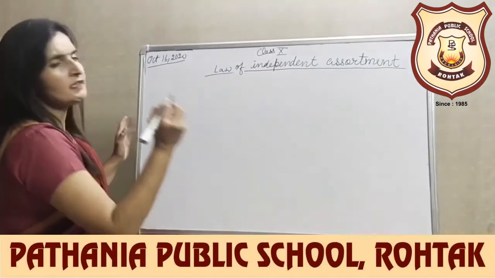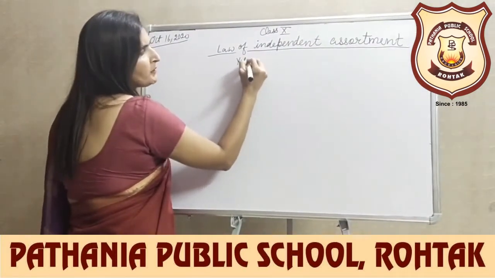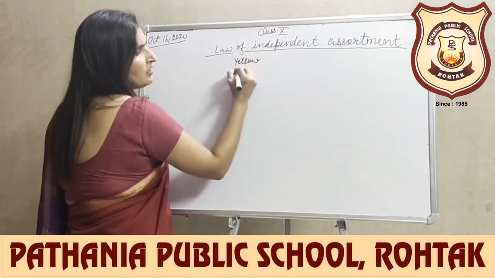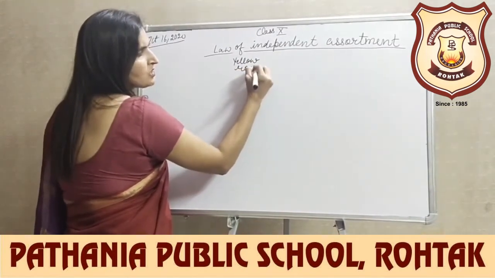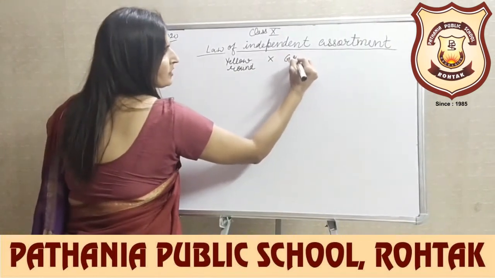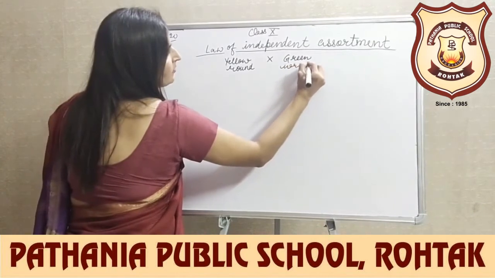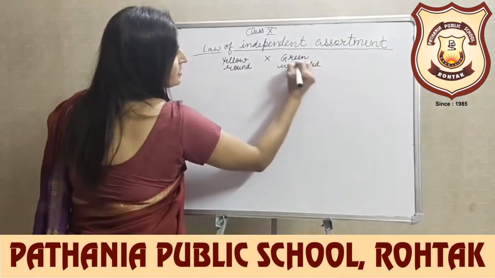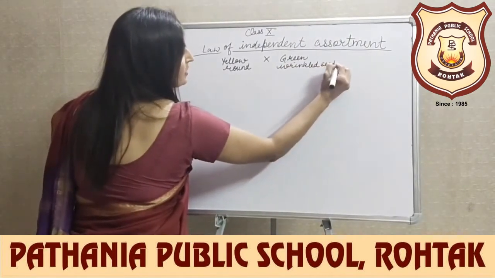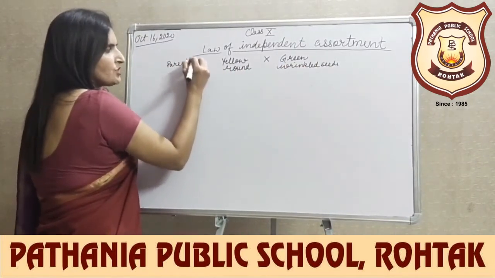Mendel conducted his experiments with purebred plants having yellow round seeds, crossed with plants having green wrinkled seeds. This was the parental phenotype.